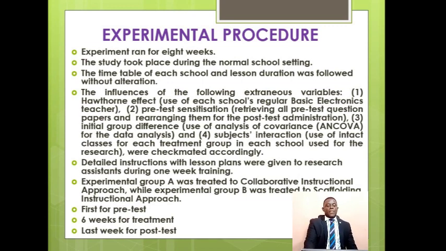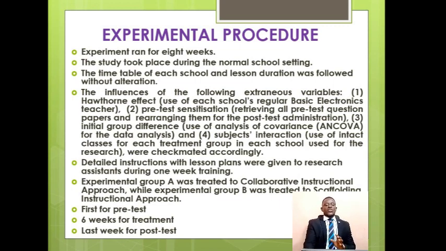So the experimental procedure, like I said, took 8 weeks. In the first week, the pre-test was administered, followed by a 6 week period of treatment. And after the 6 weeks, in the last week, the second test, which is essentially the first test, was administered. This is called the post-test.